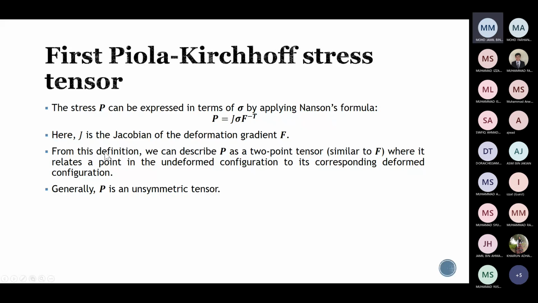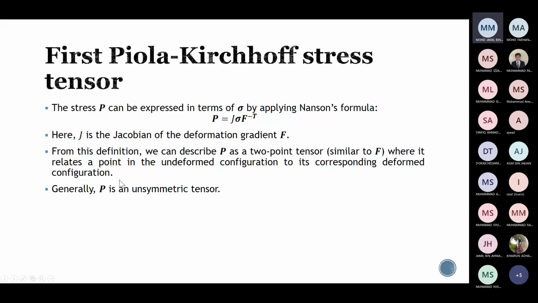From this definition, P is a two-point tensor, similar to the deformation gradient, because P relates the point in the undeformed configuration to its corresponding deformed configuration. So P depends on the force on the deformed configuration divided by the area on the undeformed configuration.